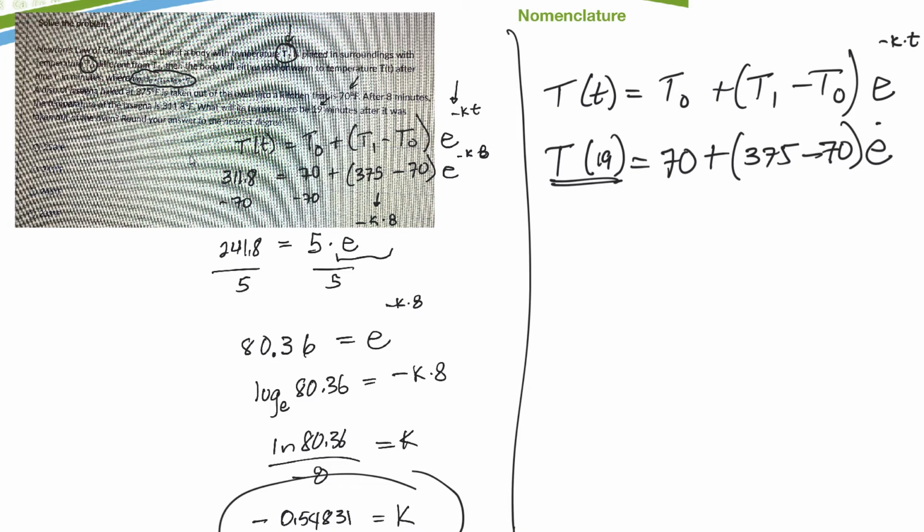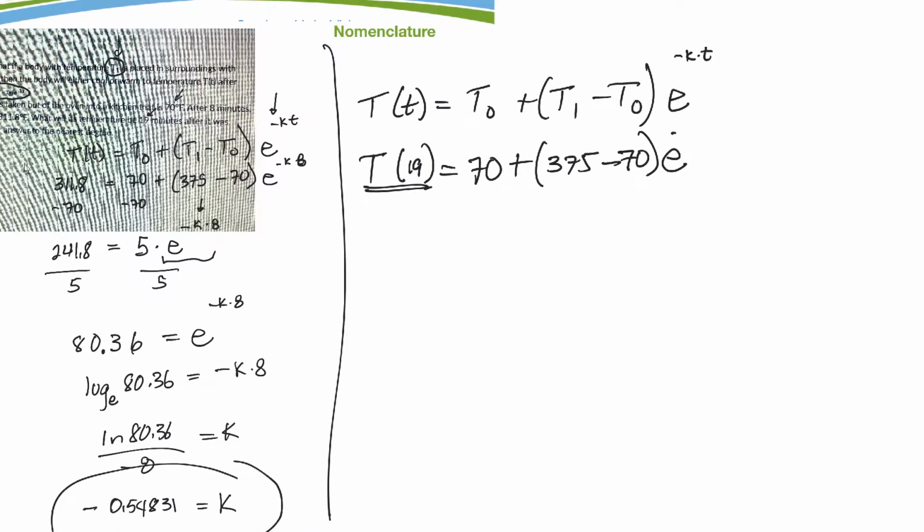So k is negative 0.02831 times the time they want to know, 19 minutes. There we go. So now I'll just plug that into decimals.